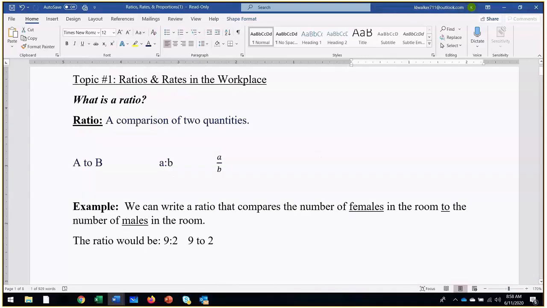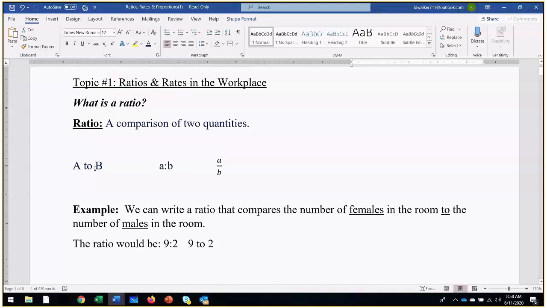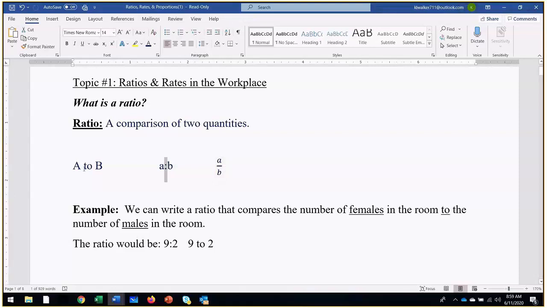Way back up here, when you look at the 3 different ways that you can write a ratio, the third way involves a fraction, and a fraction bar means division, and a colon means division, and so does the word "to." All of those meant divide the whole time.